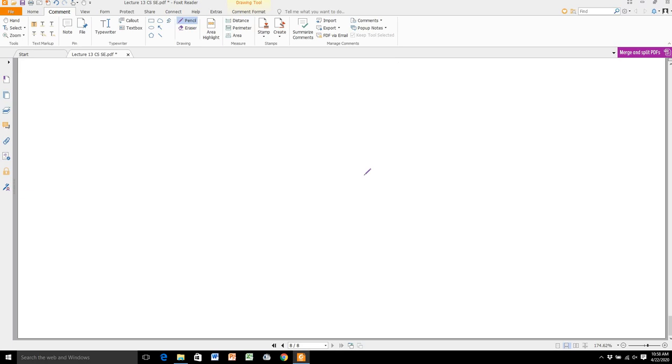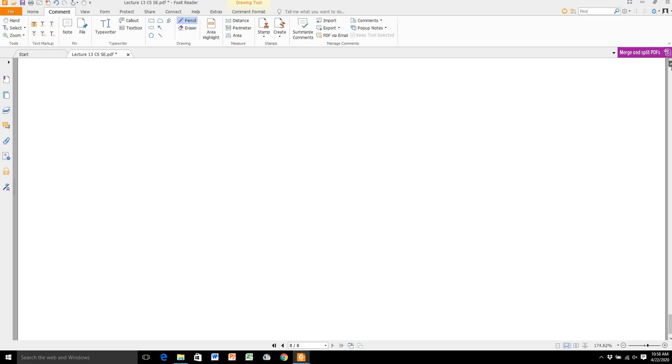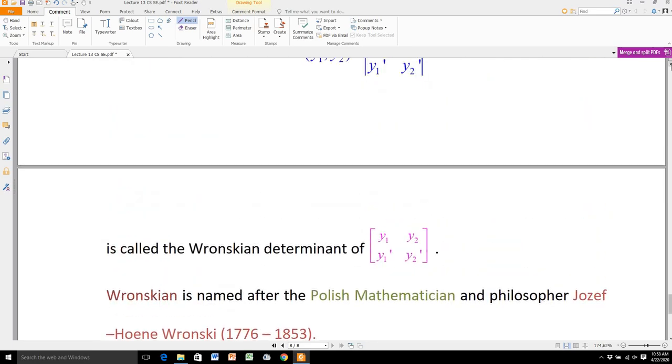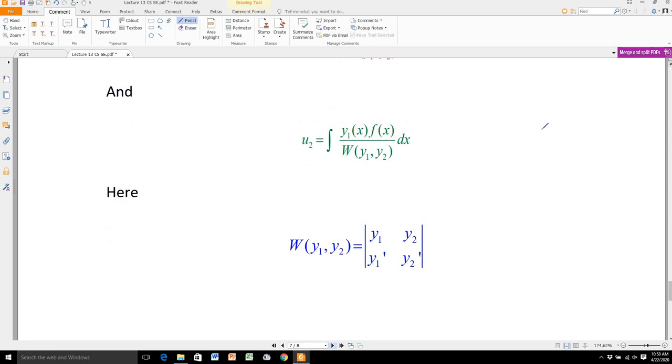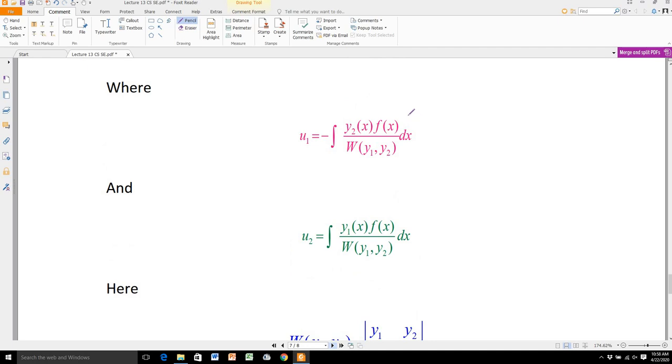So in this way we find these two. Here we find the value of u1 by this procedure. We substitute the value of y2, and f(x) is called the forcing function, and W(y1, y2) is called the Wronskian.